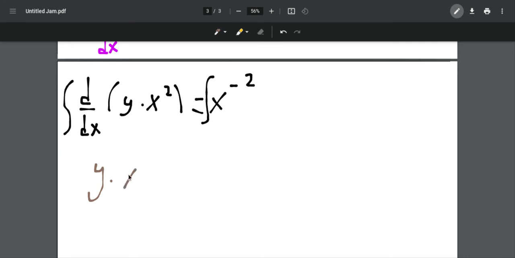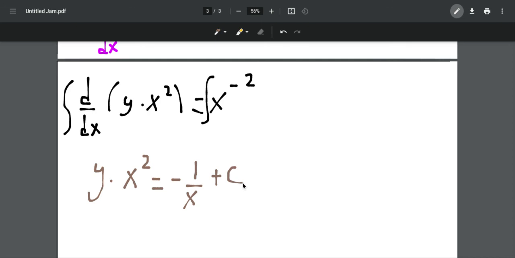When we integrate a derivative, we just get the inside. And when taking the integral of x to the negative 2, we use the power rule: add 1, we get negative 1, divide the whole thing, and we get negative 1 over x as our integral, and then we add a constant c.